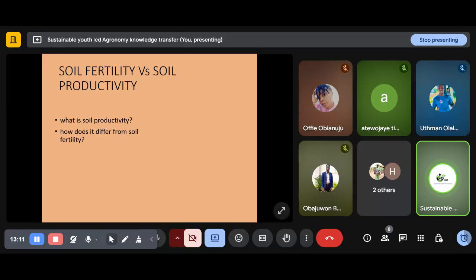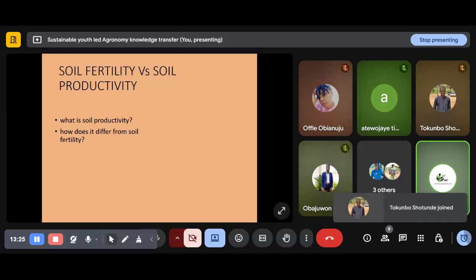Now, how can that happen? Let's say, for example, you have a fertile soil and there is drought, there is not enough water. The plant will not be able to absorb nutrients, and at the end of the day that soil cannot be productive because the plant cannot utilize the available resources in it.